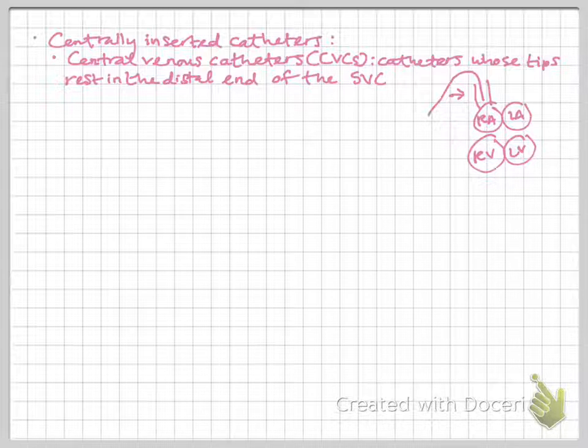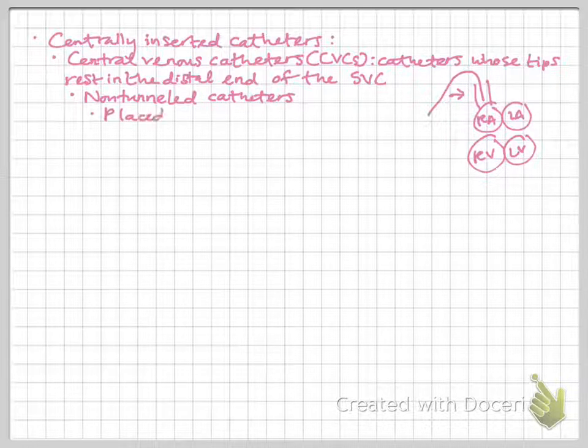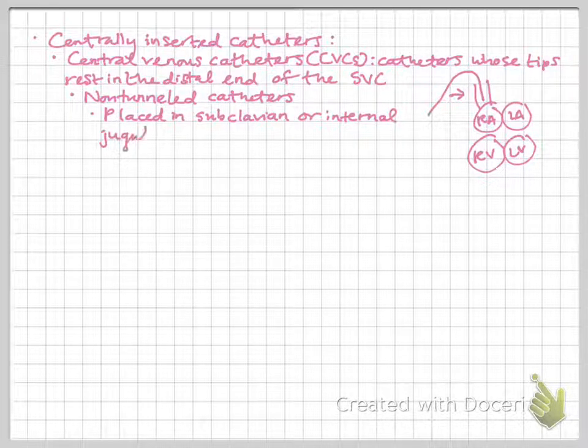There are non-tunneled catheters that are placed in the subclavian or internal jugular vein, more rarely in the femoral vein.